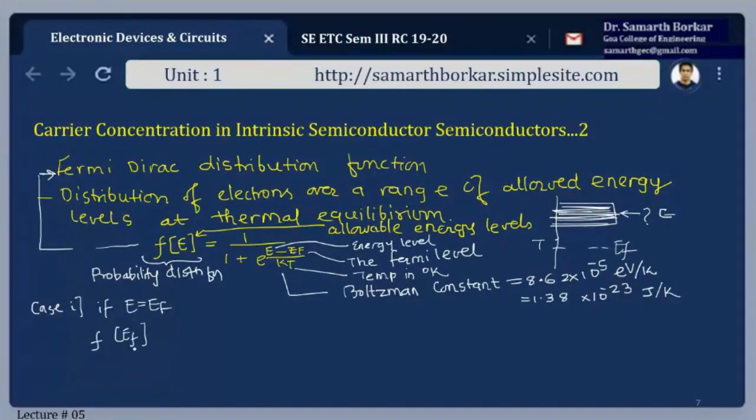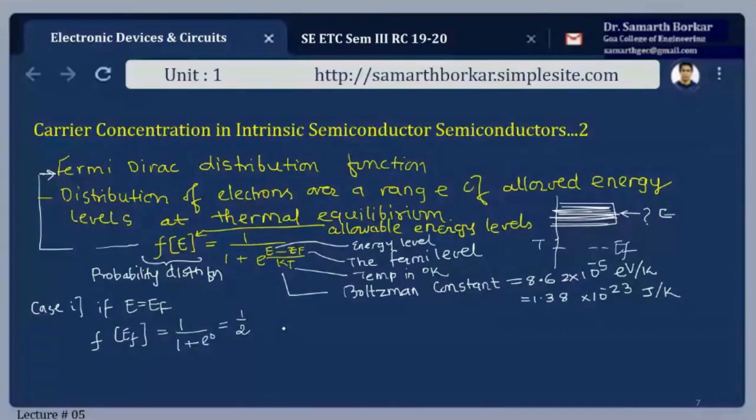I'm going to use the notation F subscript F, which equals 1 upon 1 plus, substituting E as EF in this expression, e raised to 0. So e raised to 0 is 1. So it is half.